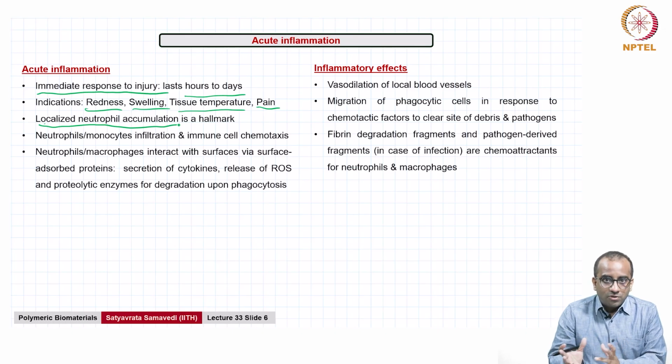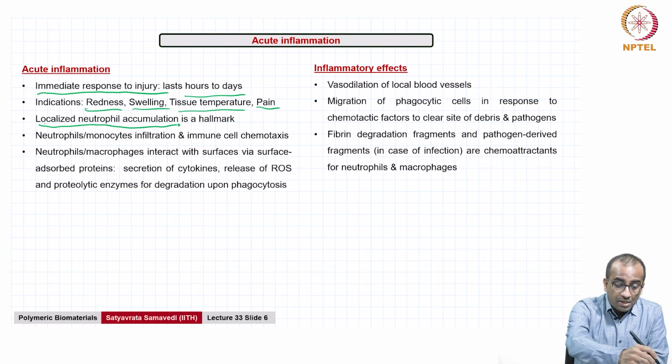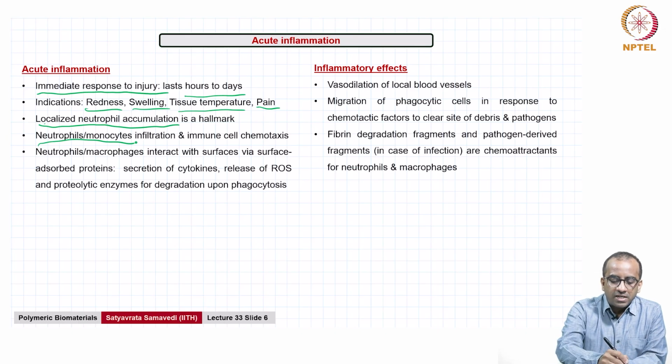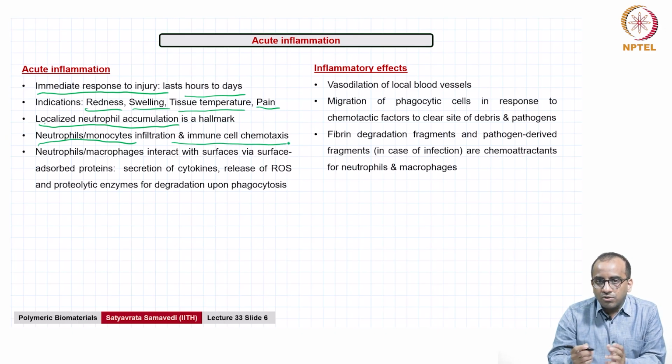And what we will focus on in this part of this lecture is looking at the responses of both neutrophils and macrophages, which are the dominant players in inflammation. So neutrophils and monocytes, which eventually become macrophages, infiltrate, and you also have immune cell chemotaxis because a bunch of signaling molecules are released at the site of injury, signaling these immune cells to migrate to the site of the implant or the injury.